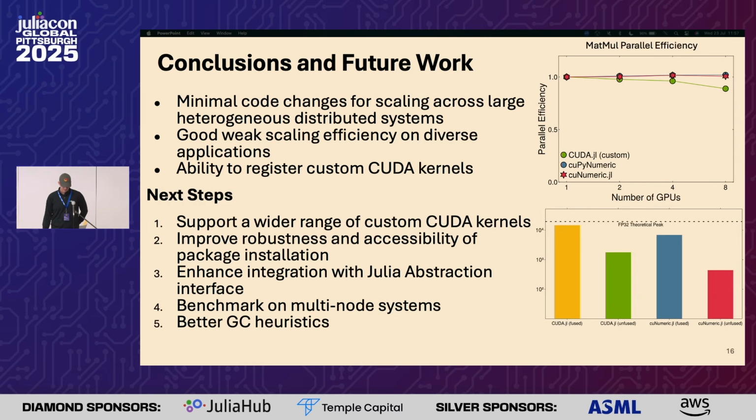And then, with the garbage collection heuristics, as you could tell, with 4 GPUs and 8 GPUs, it was falling off. That's not great, so we want to fix these GC heuristics. In order to do this, we would need better information about the programs when things get out of scope.